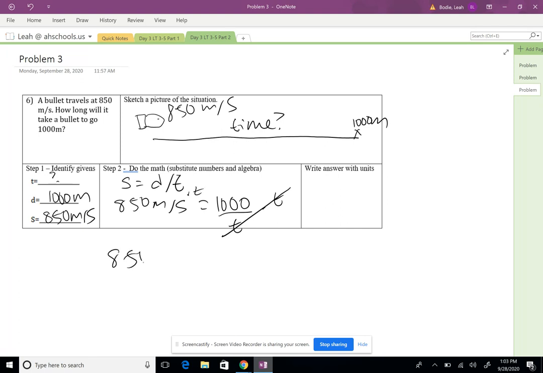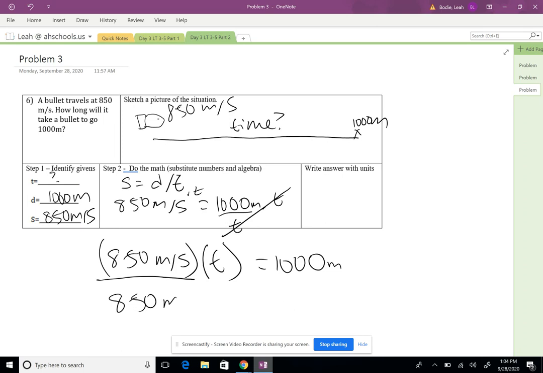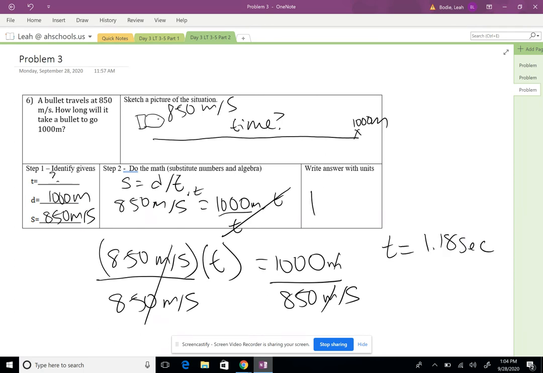So now we have 850 meters per second multiplied by our time, and that equals our 1,000. Oops, I forgot my units there. Meters. And then now we can divide each side by 850. And so our meters cancels out. And so our time comes out to be 1.18 seconds.